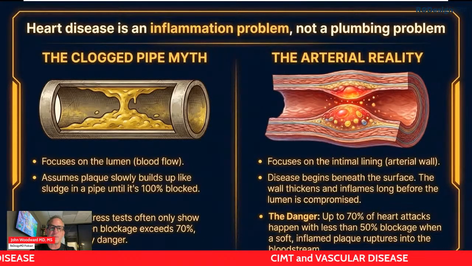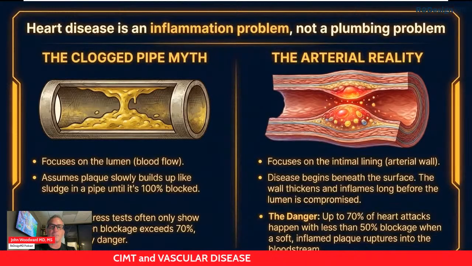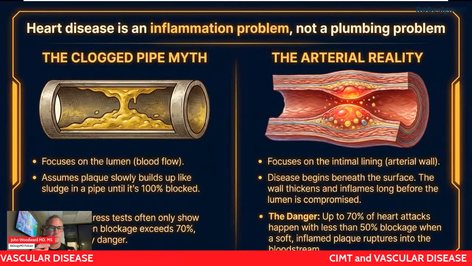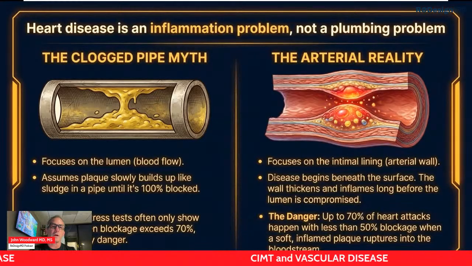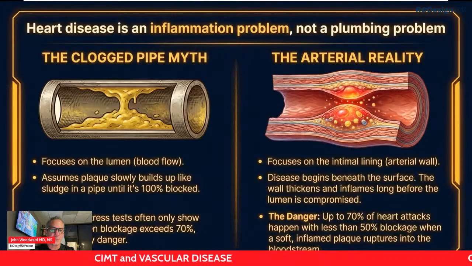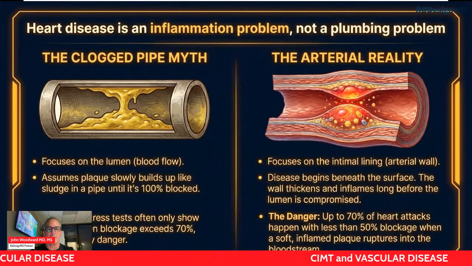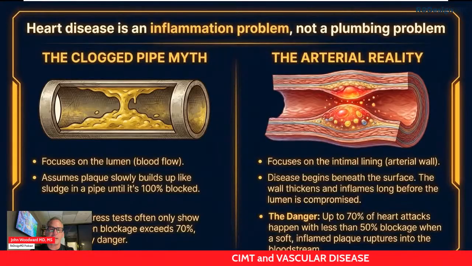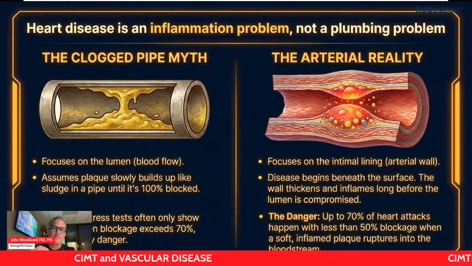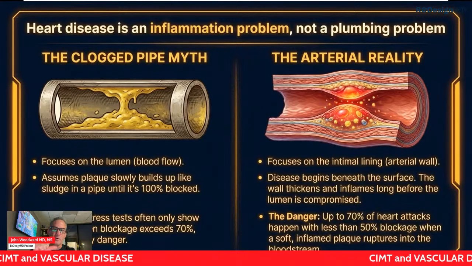And I think that's why people don't realize it until they're symptomatic. They don't realize they have heart disease until I'm short of breath, or I have palpitations, or I have chest discomfort, or some other what we call anginal equivalent symptoms. So let's not focus on the lumen. Let's shift to the right here and focus on the arterial reality that as the disease progresses, there's thickness of that arterial wall.